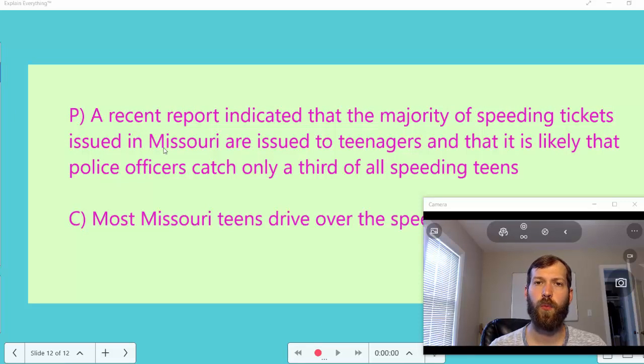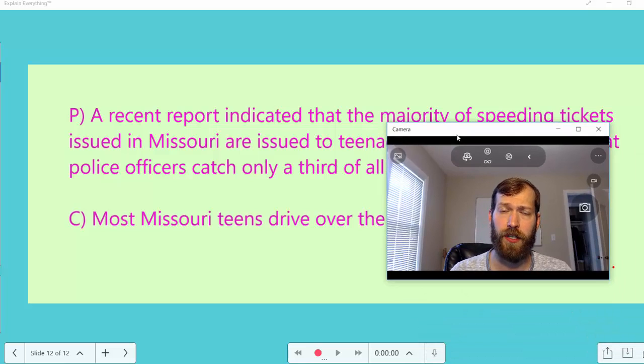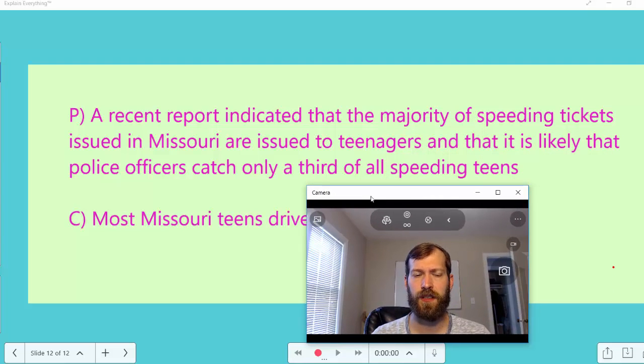Let's take a look at one more argument and determine whether it's a cogent argument or an uncogent argument before turning our attention to how we can prove the invalidity of deductive arguments. In this argument, our premise states that a recent report indicated that the majority of speeding tickets issued in Missouri are issued to teenagers, and that it is likely that police officers catch only a third of all speeding teens.